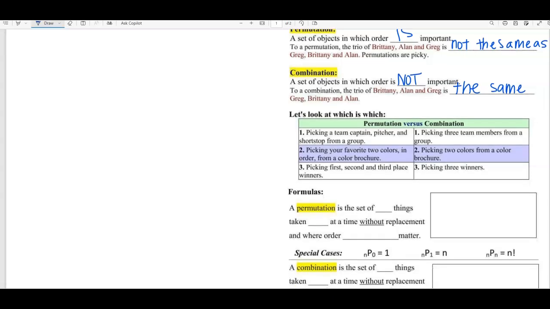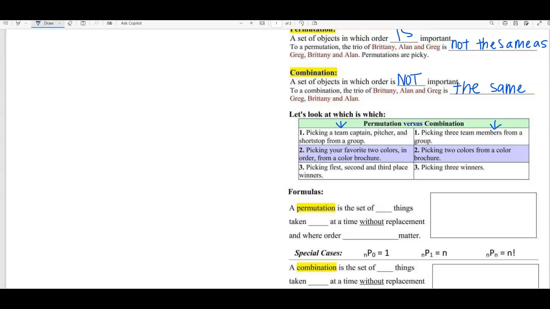Permutation is on this side, and combination is on this side. Look at the difference between number one, picking a team captain, pitcher, and shortstop from a group, versus a combination, which is just picking 3 team members from a group.